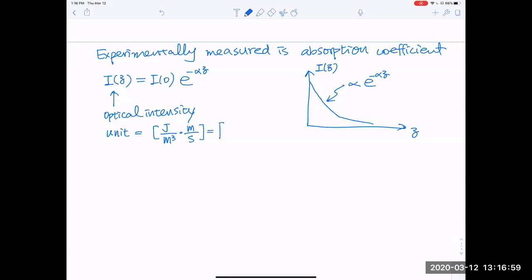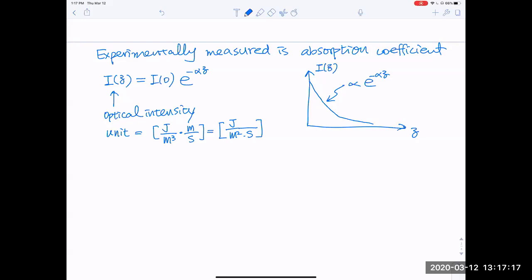So this is the amount of energy per unit area moving at the speed of light, per second. That's the unit for optical intensity.